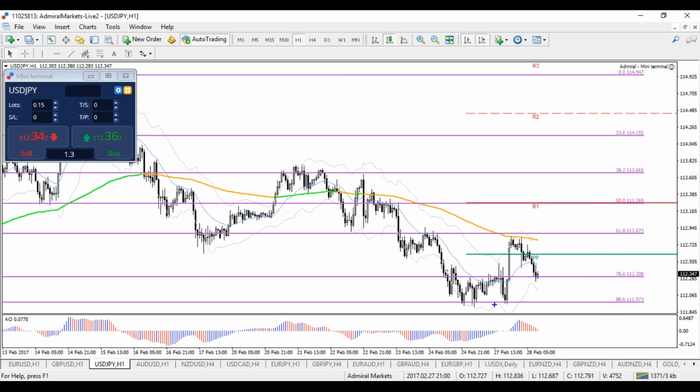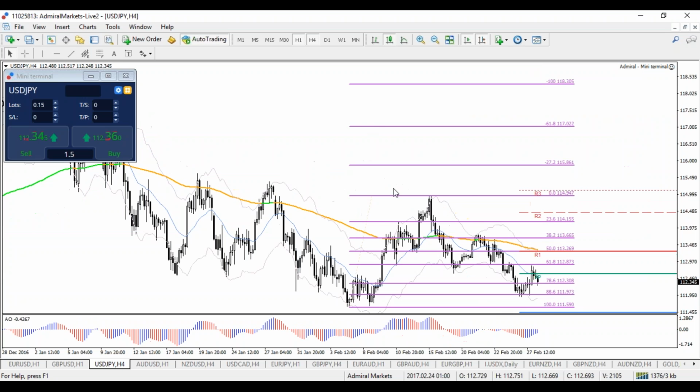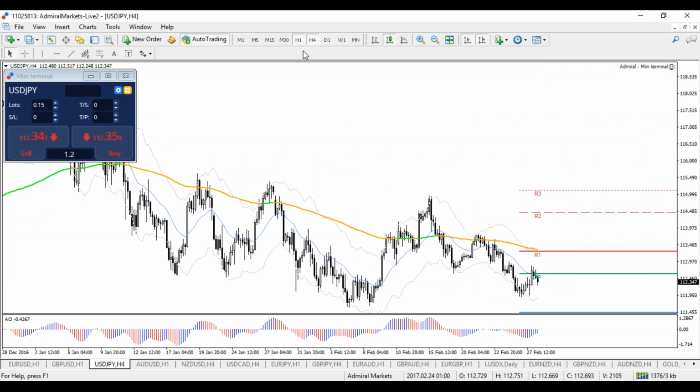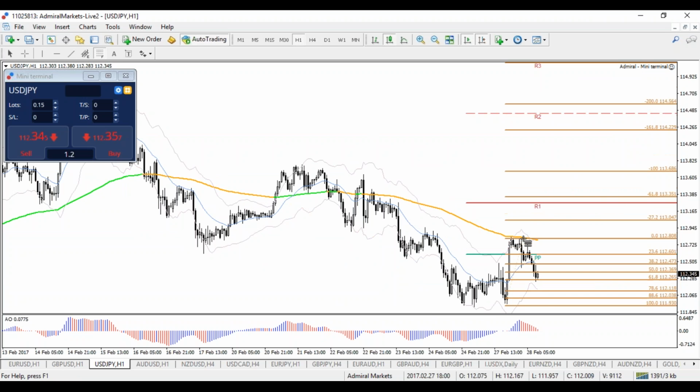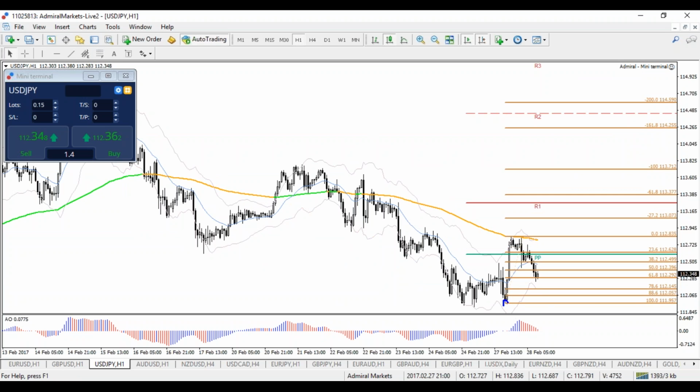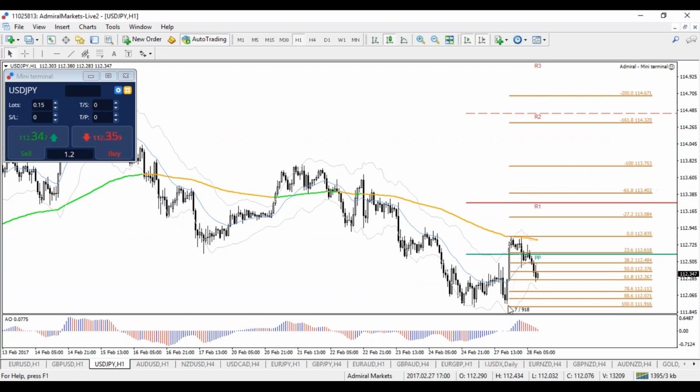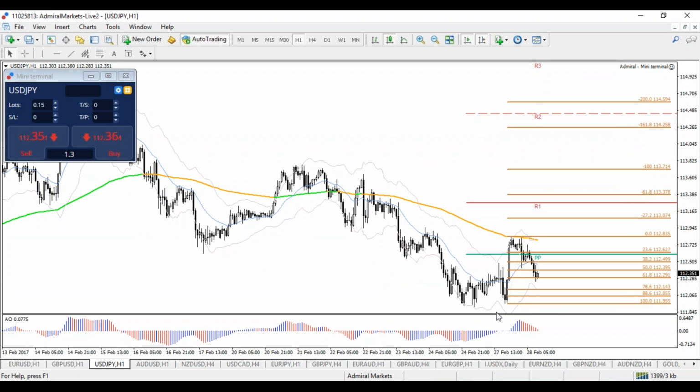For this wave 1-2 to hold, to be valid, I need price to stay above this zero line here, this bottom, at 111.95. So price is at 61.8.